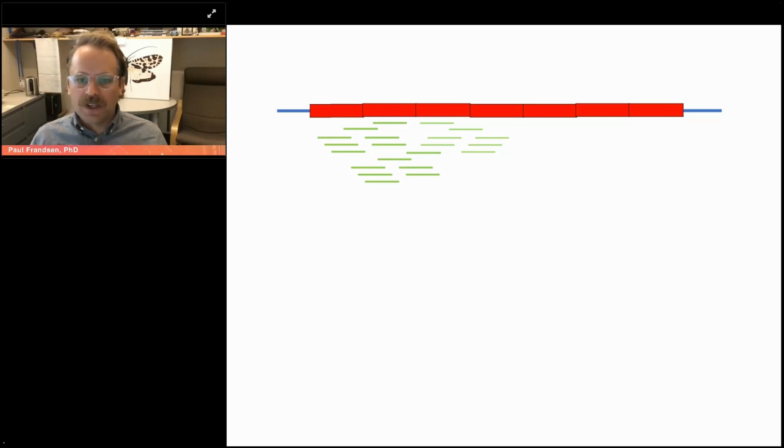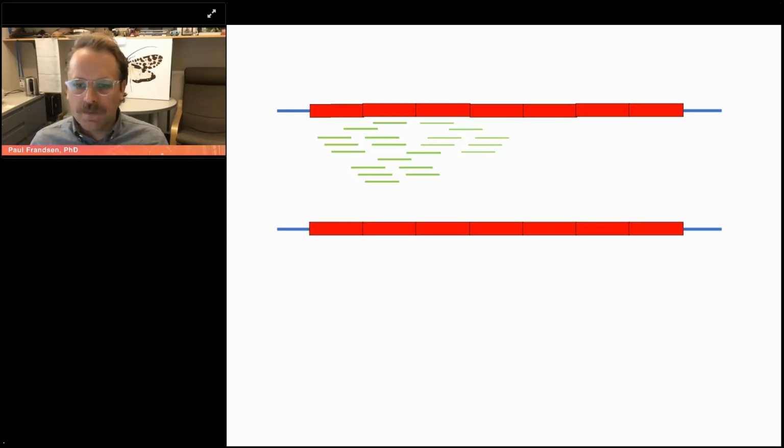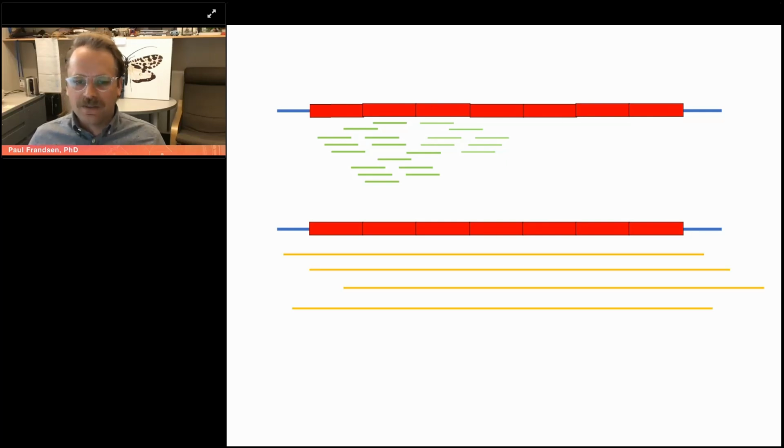So when you try to reassemble the repetitive regions with a bunch of little reads that are shorter, it's like an impossible puzzle, and you're unable to assemble it. However, more recently, long read sequencing has come onto the scene and generates reads like these yellow reads that are much longer and can span the entire repetitive region.